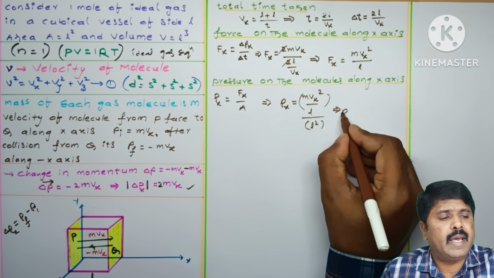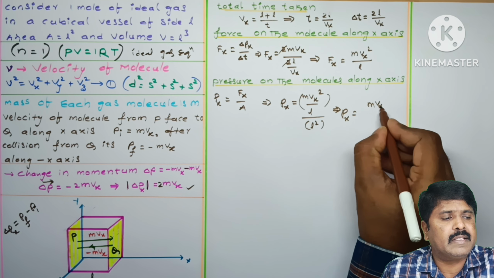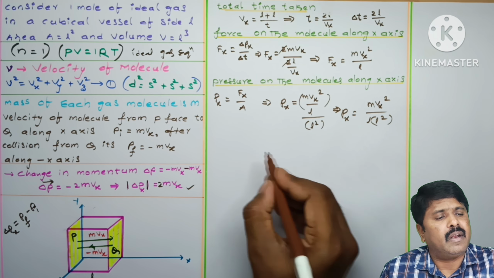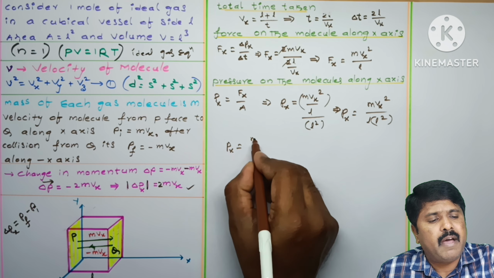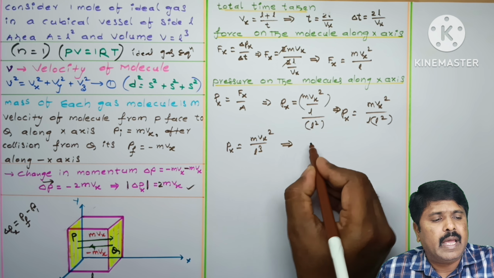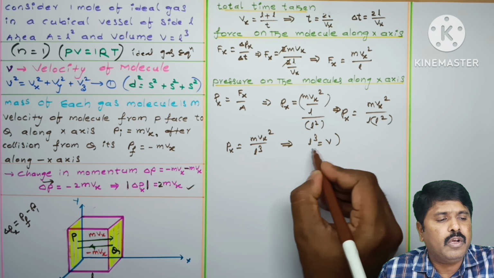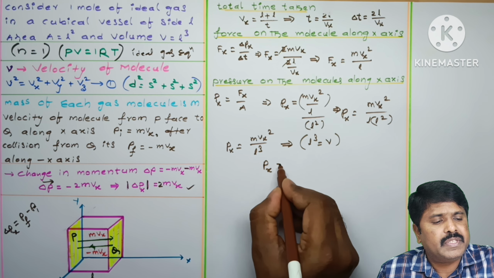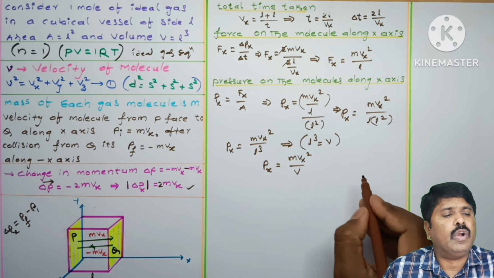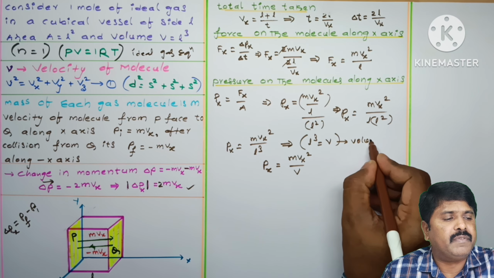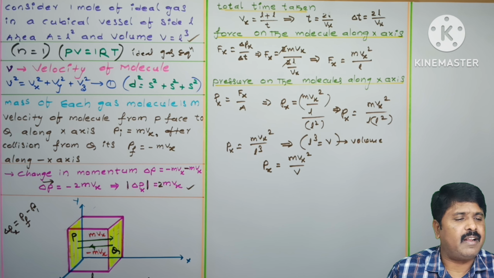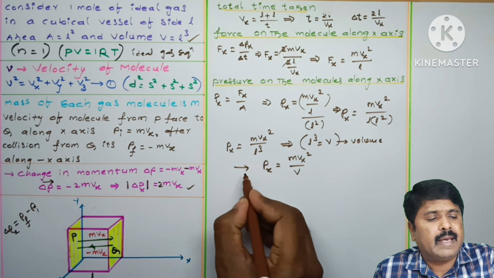I'm getting Px equal to mvx square divided by L into L square. See there, Px is equal to mvx square divided by L cube, and L cube is equal to the volume, so Px is equal to mvx square divided by V, where V is the volume of the container, clearly given in the diagram and also the explanation. See there, so I got the pressure along the x-axis.